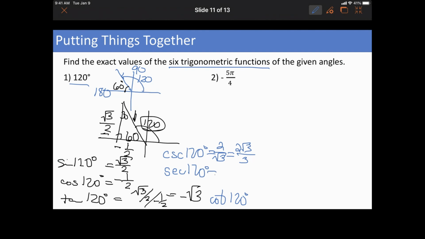This is going to be, so you're doing the reciprocal of -1/2, so it's -2. Keep the signs, they're very important. And this one I'm going to go here, so it's going to be -1/√3, so that's going to be -√3/3. So that is for this one. I use a lot of space.